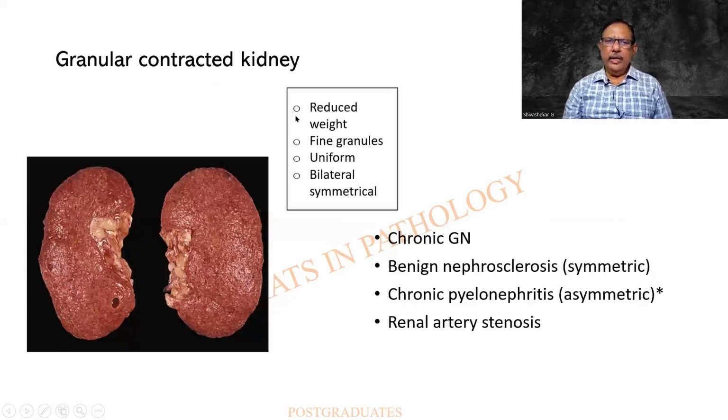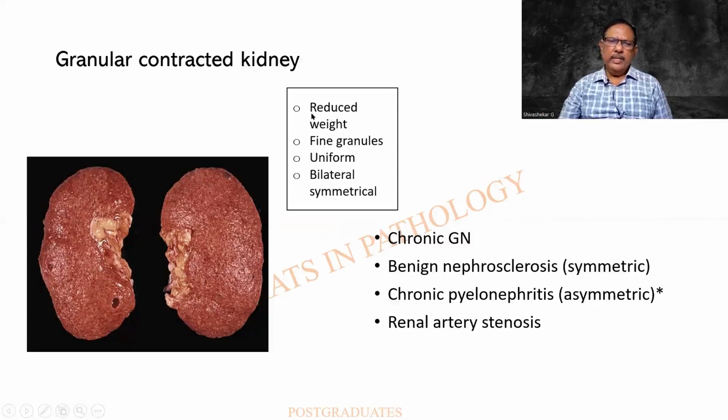The granular contracted kidney is another entity. The kidney is usually contracted as a result of fibrosis. In this case, I am finding a pair of kidneys which are bilateral, more or less symmetrical, contracted, and externally there are fine granules, hence the granular contracted kidney.